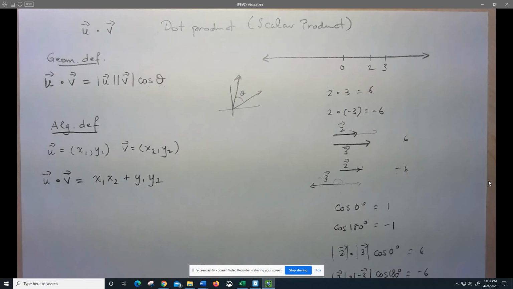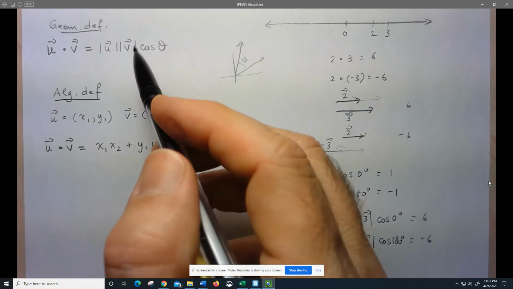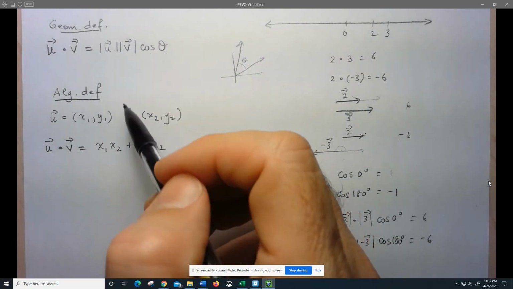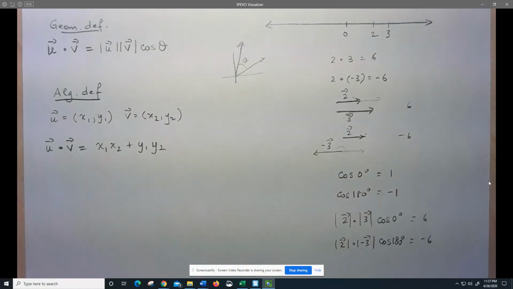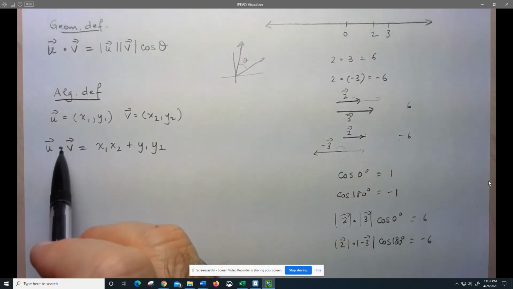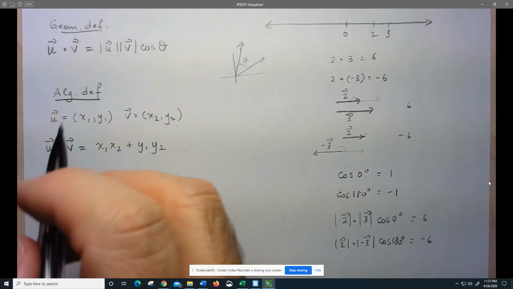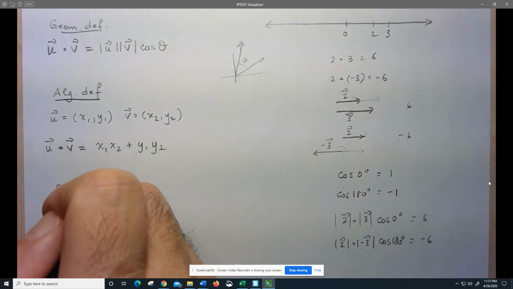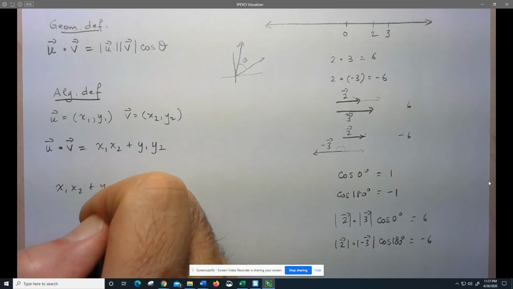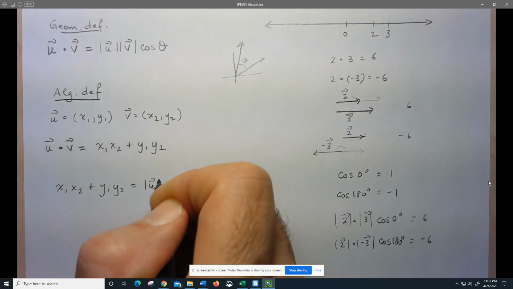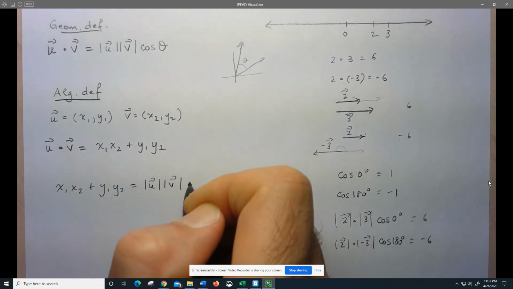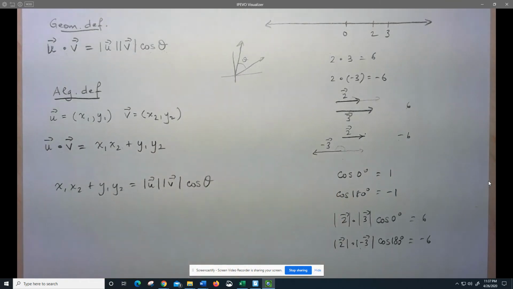There's a few reasons why this is a useful definition. It's because now I can equate these two expressions because they're both equal to u dot v. So that means that x1 x2 plus y1 y2 must be equal to magnitude of u times magnitude of v times cosine of theta.